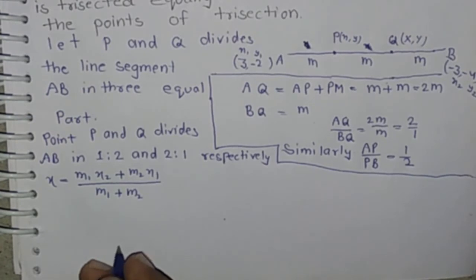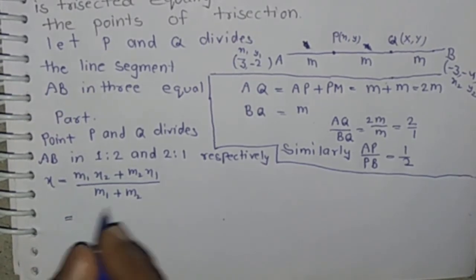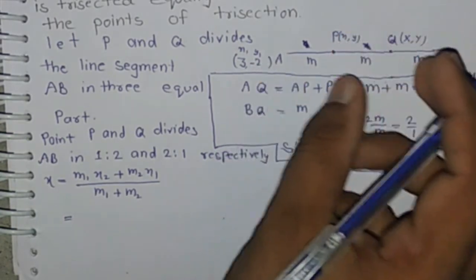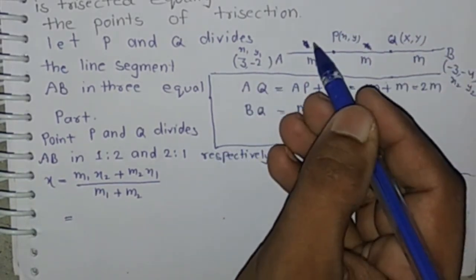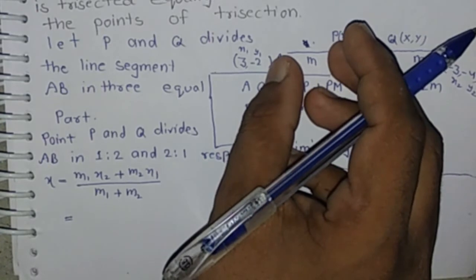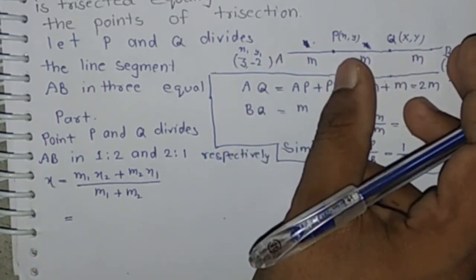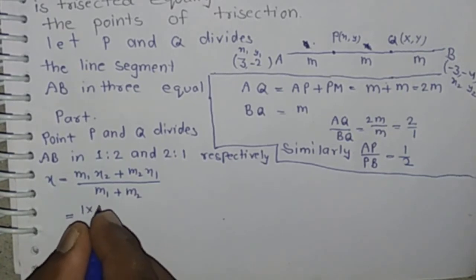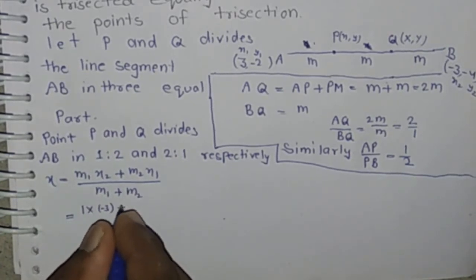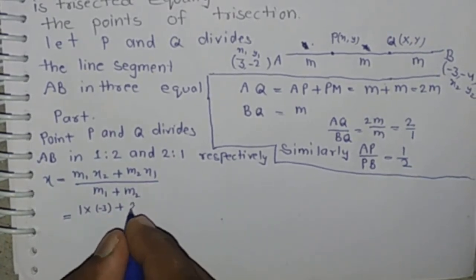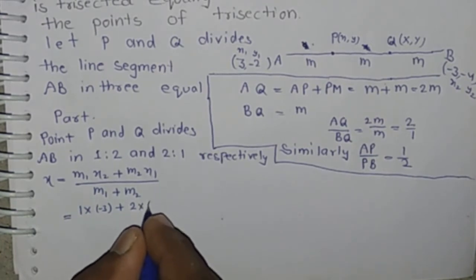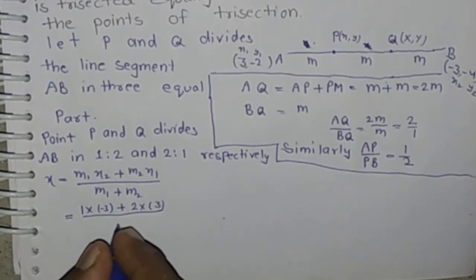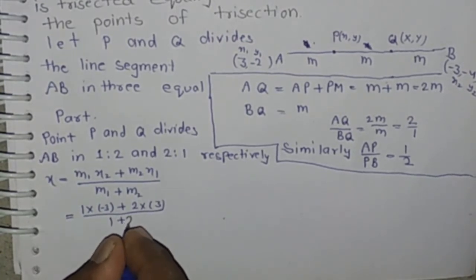Point P divides the line segment in 1:2, means m1 is 1 and m2 is 2. Then 1 into -3 plus 2 into 3, by 1 plus 2.